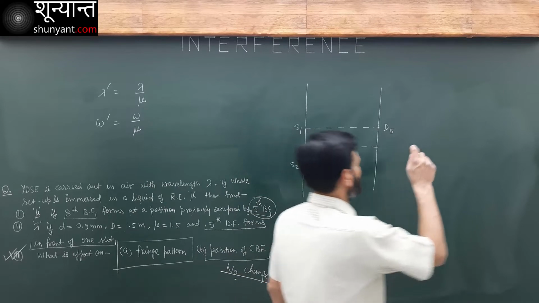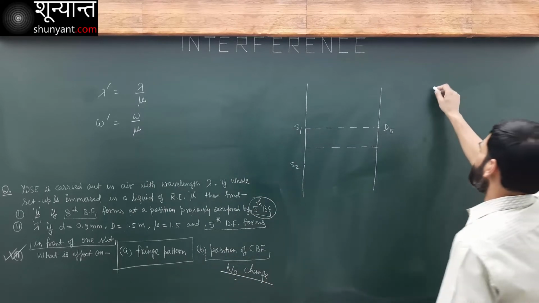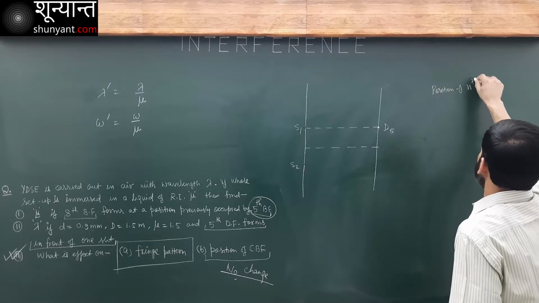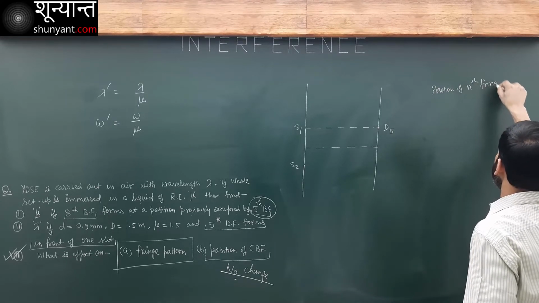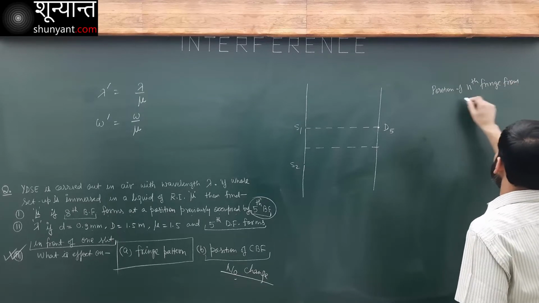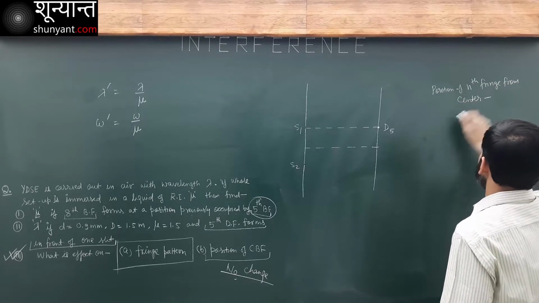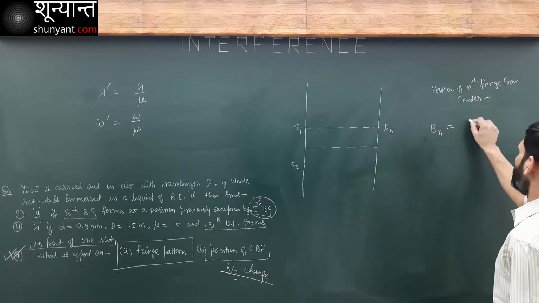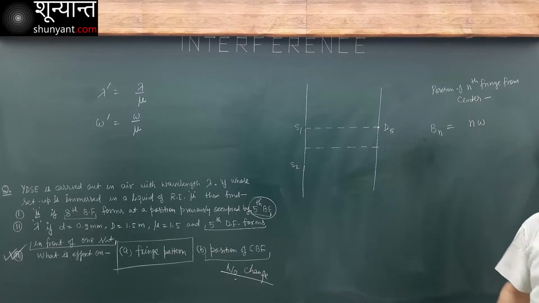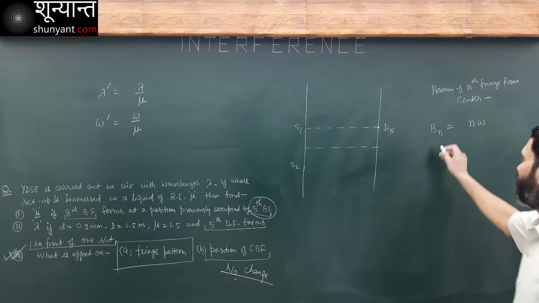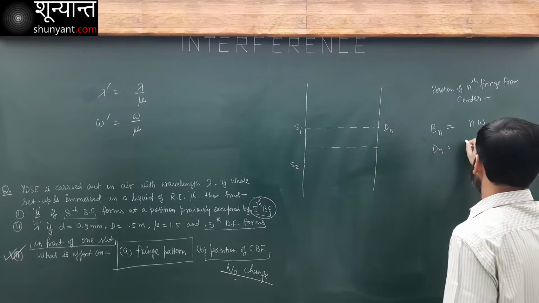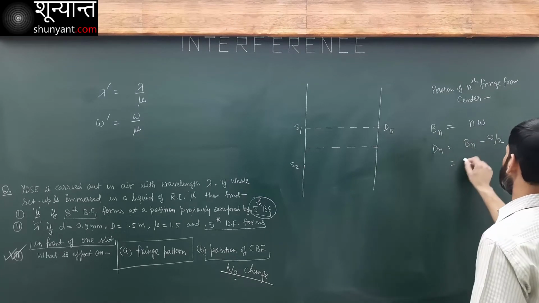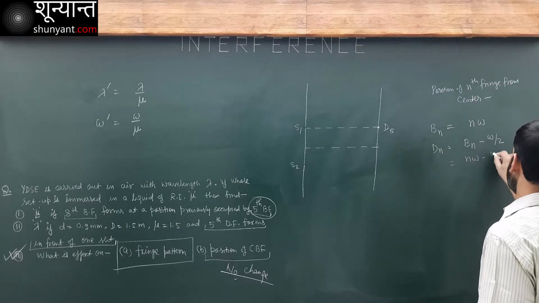In the previous lectures we did the position of the nth fringe from center. Position of nth bright fringe is equal to n times omega. Position of nth dark fringe is equal to nth bright fringe minus half omega, so n omega minus half omega.